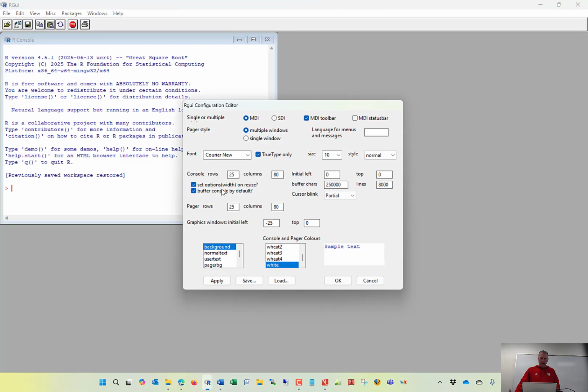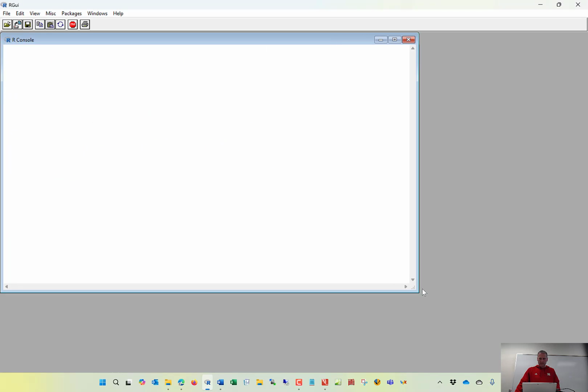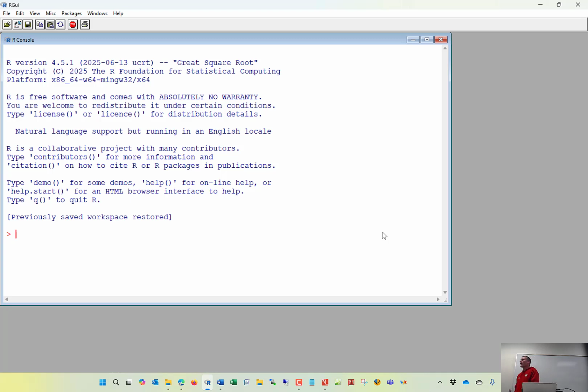I'm going to make this a little bit bigger. Now, how many of you use R in this format? Okay. And what format do you typically use? RStudio. Okay. I do not use RStudio. RStudio came out about 15 years ago as well.